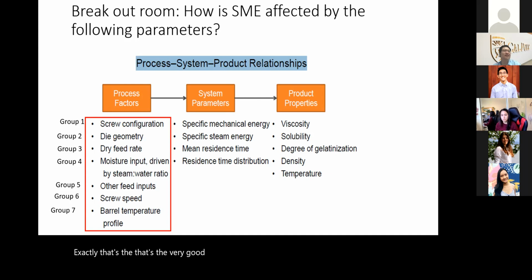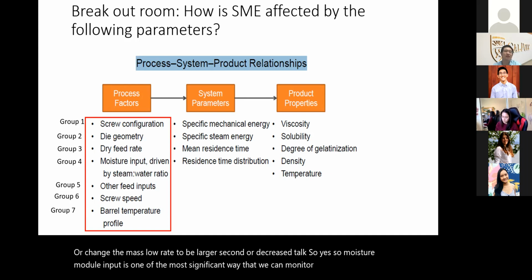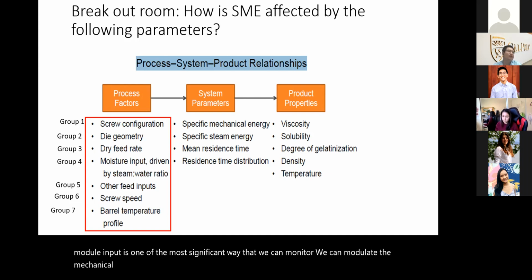Actually, you answer both sides. First, it will change the mass flow rate to be larger. Second, it will decrease torque. So yes, moisture input is one of the most significant ways that we can modulate the mechanical energy input. Okay, good job, group 4.